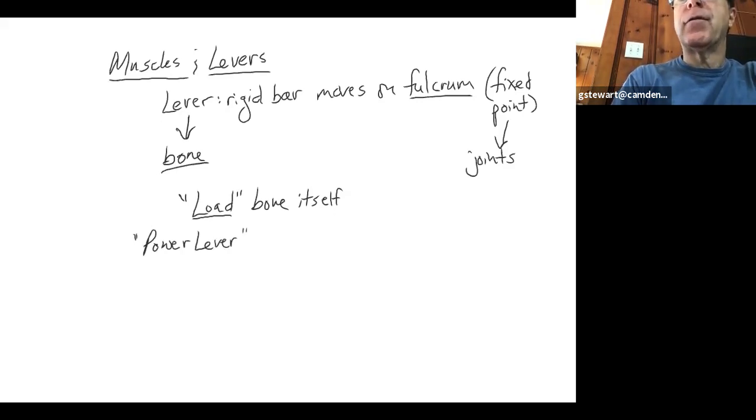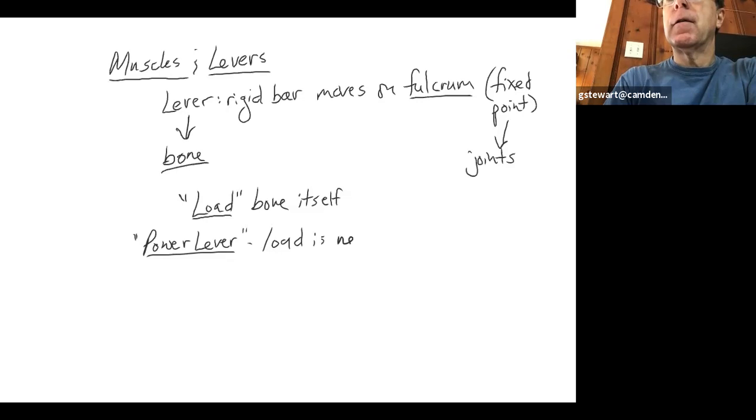A power lever is just defined as something that has mechanical advantage, and the load is near the fulcrum, so not a whole lot of movement.